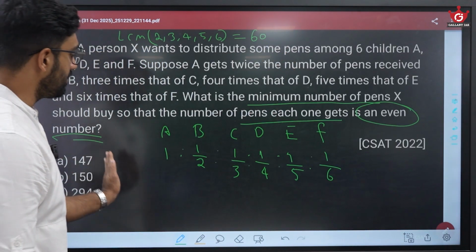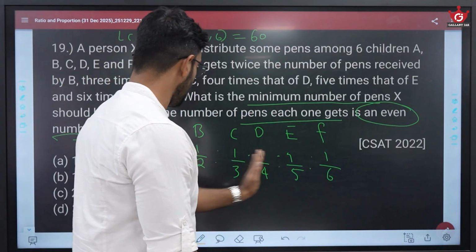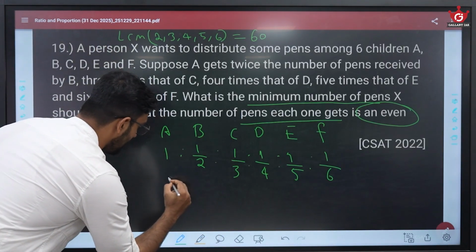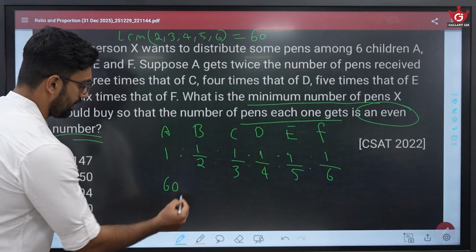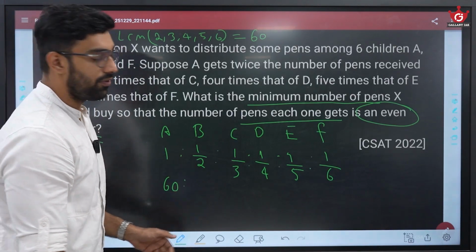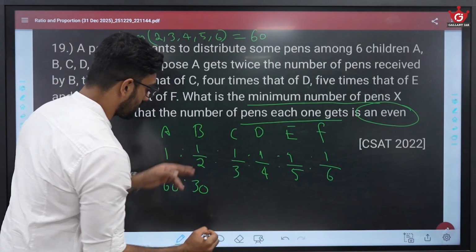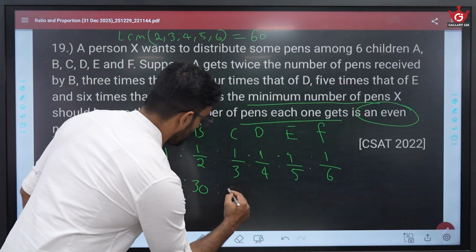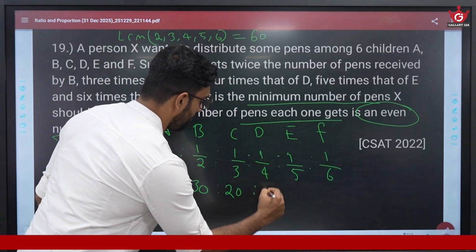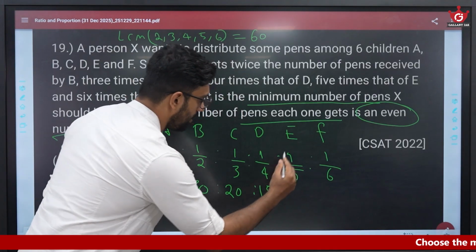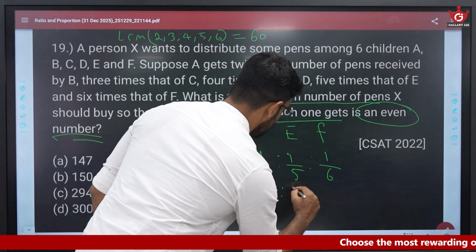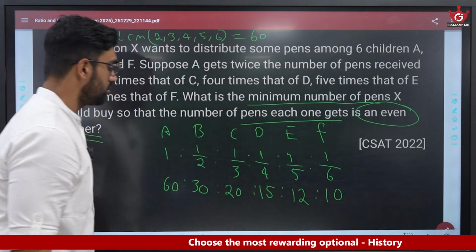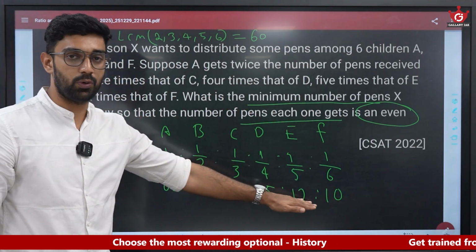So I am multiplying all the proportions by 60. A is 1 into 60, we get 60. 1 by 2 into 60, we get 30. 60 by 3, we get 20. Here it is 15. And then we get 12. Then 10. So these are the new proportions.